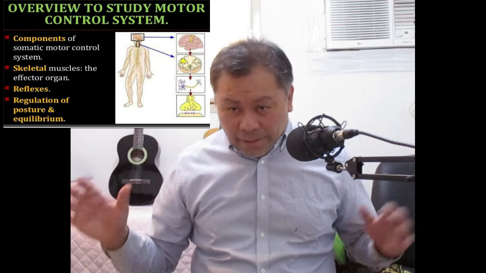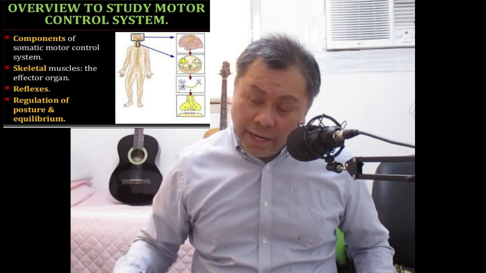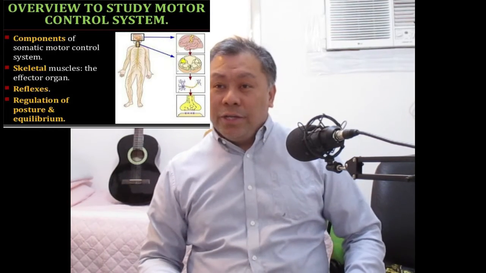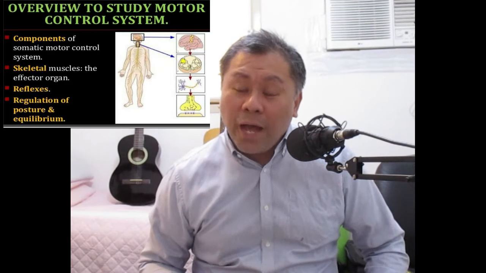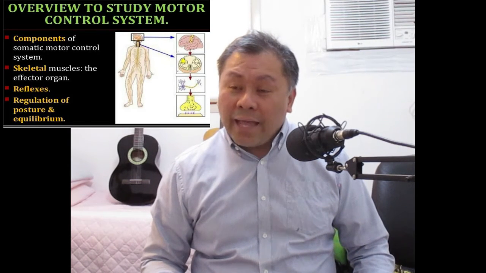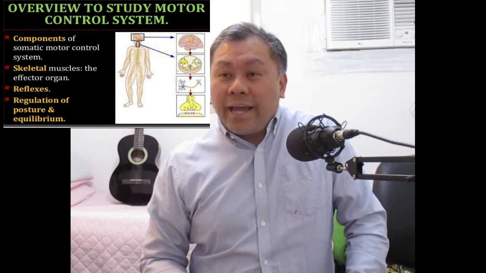Equilibrium, balance. That's why, remember, nurses, when you do your physical examination, you command your patient, can you close your eyes, keep your legs straight, stand straight, close your eyes, and then walk.